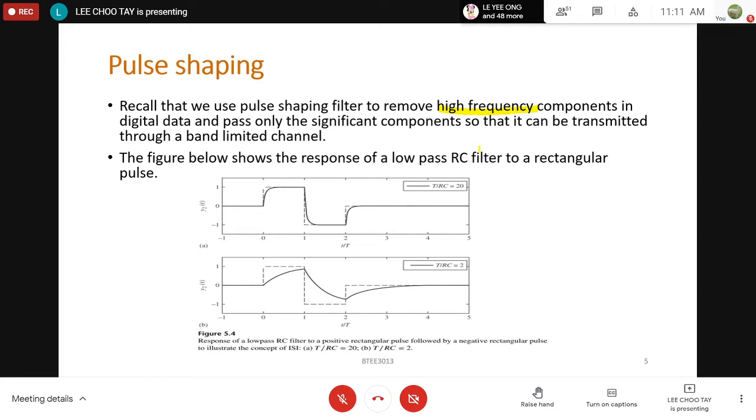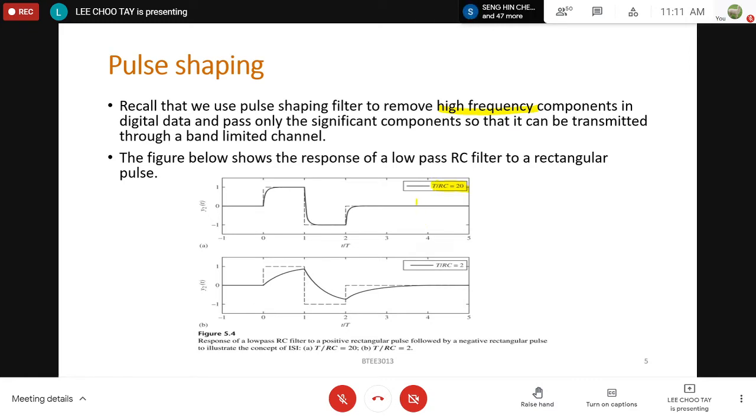If we look at these two diagrams, they show two different low pass filter responses to a rectangular pulse. The first one is when T over RC is equal to 20. RC refers to the resistor and capacitor we normally use to construct a low pass filter, and T is the bit duration.